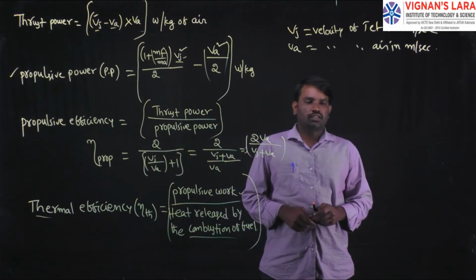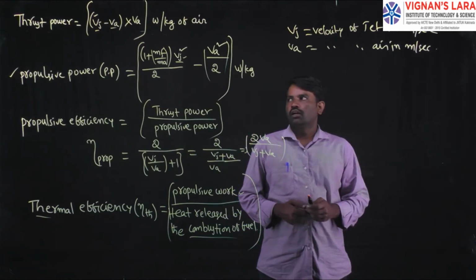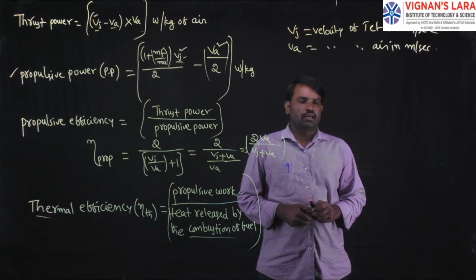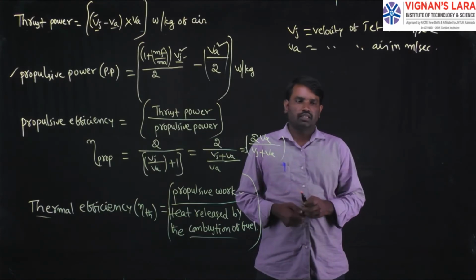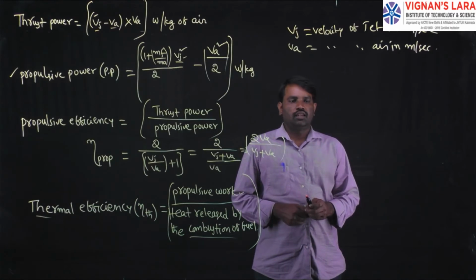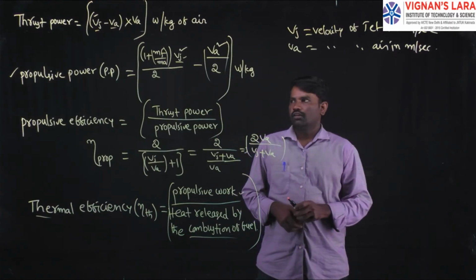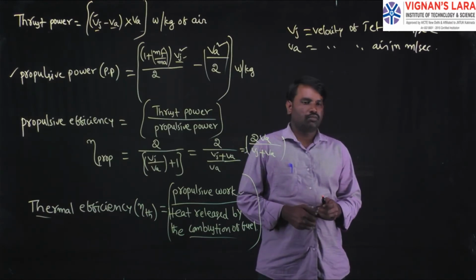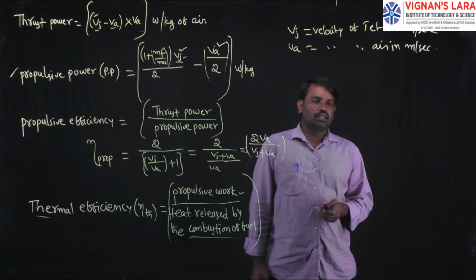Okay, while solving the problems you have to remember how to draw the TS diagram for a jet engine. Before drawing the TS diagram of a jet engine you have to remember what are the necessary components we have to arrange inside the jet engine.